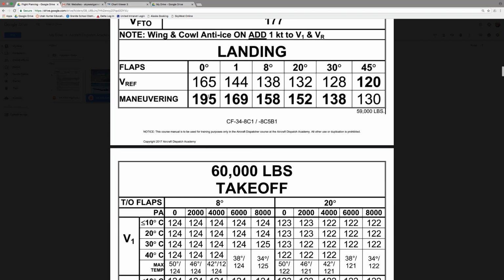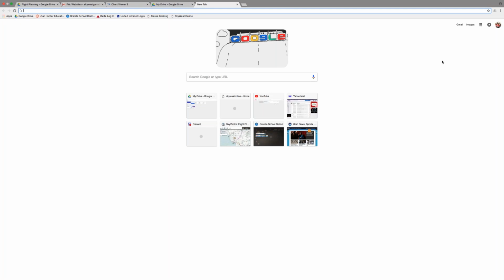So maneuvering speed, do you guys remember what the maneuvering speed was? Is that 0.78 Mach? No, so our maneuvering speed would be our, trying to remember the, it's a V speed.